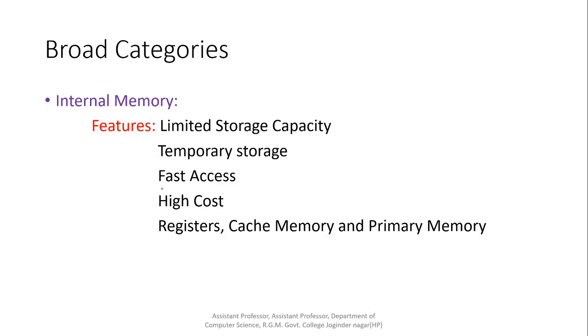They have very fast access, so the access time is very small as compared to secondary memory. They have a very high cost, and examples of internal memory are registers, cache memory, and primary memory. I will discuss these memories one by one later in this video lecture.